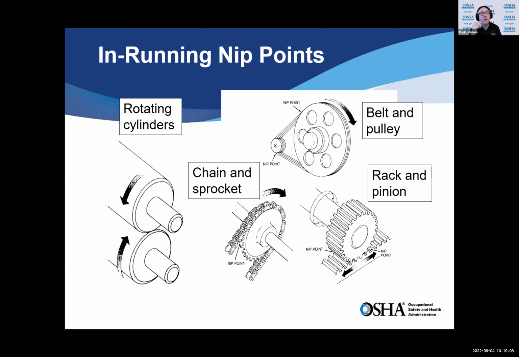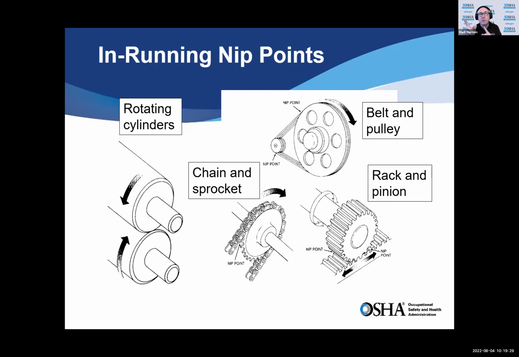It could need guarding on both sides of where the chain comes onto that sprocket. Does that make sense? We're worried about being pulled into that machine. So where you have that nip point, that is the part that OSHA wants you to guard or safeguard.